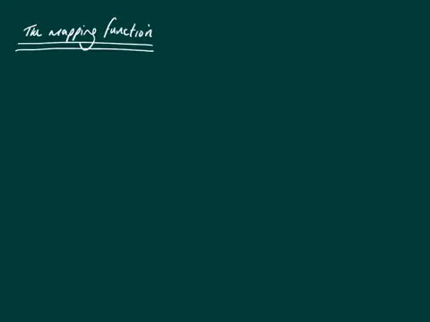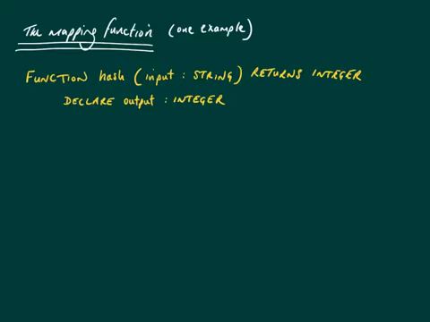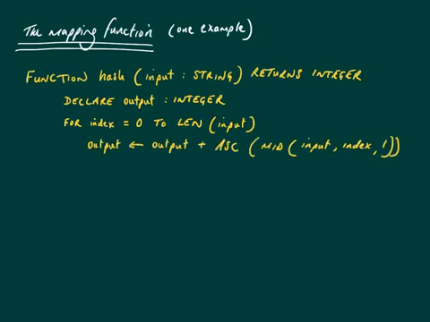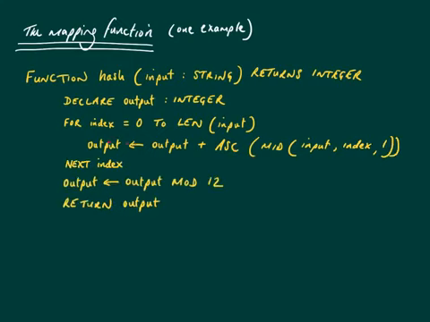Now there are lots of different ways of making mapping functions or hash functions, but here's one example. We create a function called hash with an input as a string. It's going to return an integer, and that's our hash value. We loop, in this case, through every single one of the letters in the input string, and we get the ASCII value of each individual character and add it together.